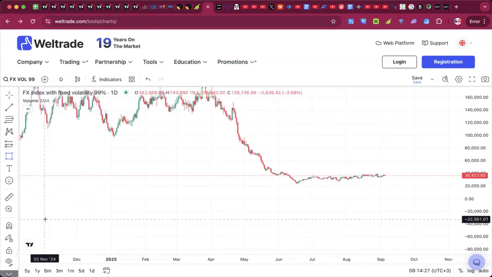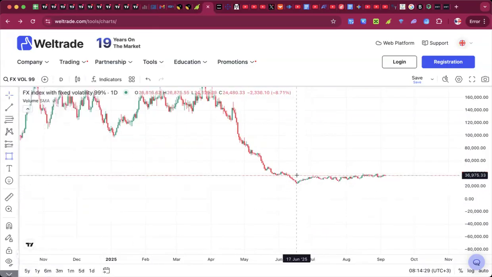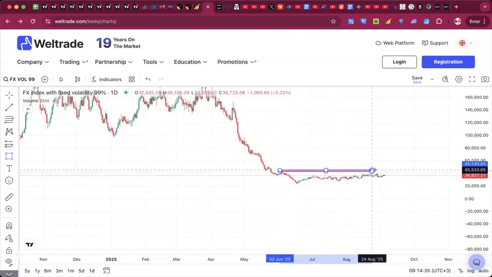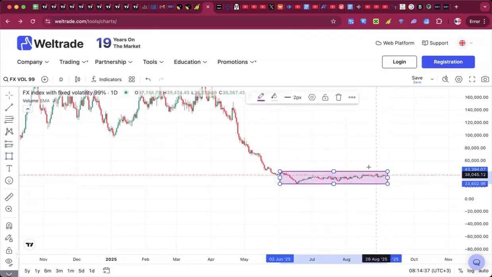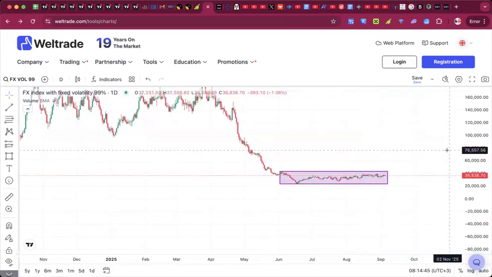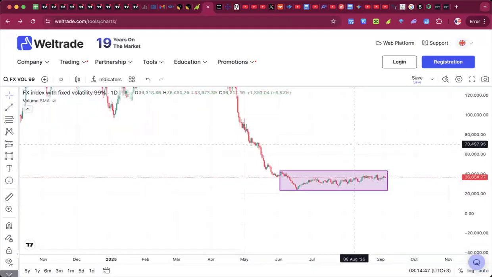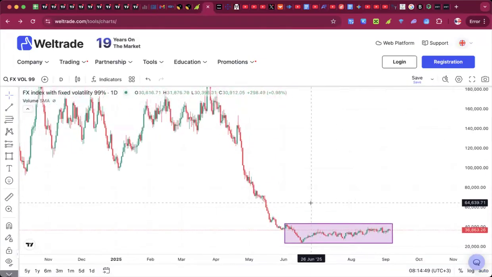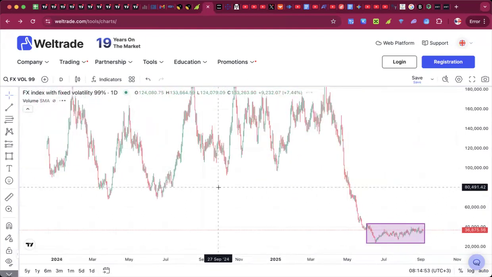In the month of June, you take it from here, or even here. Can you see? From June up to now, it has not done any massive move. So this is where we have a problem. I will now tell people this kind of trade, how do you trade it?